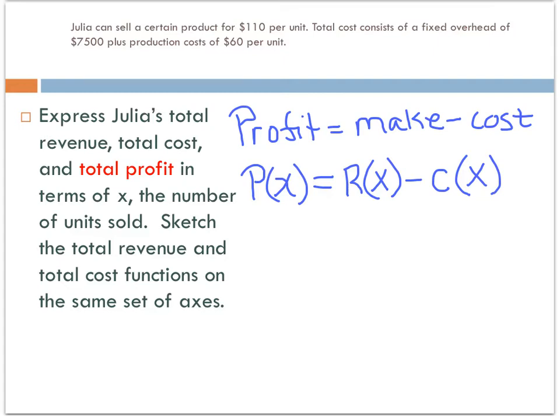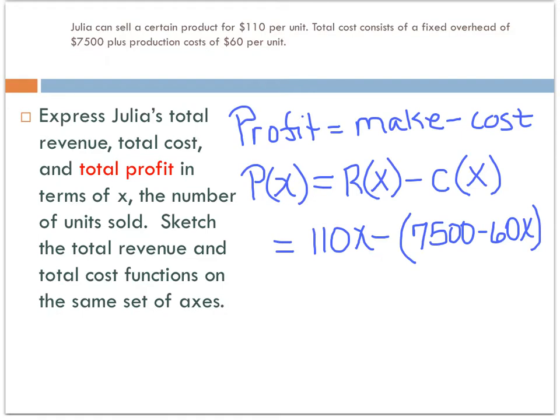So let's write our profit function doing that. So our profit function will be our revenue function, which we already determined to be $110 for every widget, minus our cost function. But it's our whole cost function, so let's put that in parentheses. Remember our basic rules of algebra. We need to subtract that entire function. So let's get that out of parentheses by distributing this minus 1 that's there.